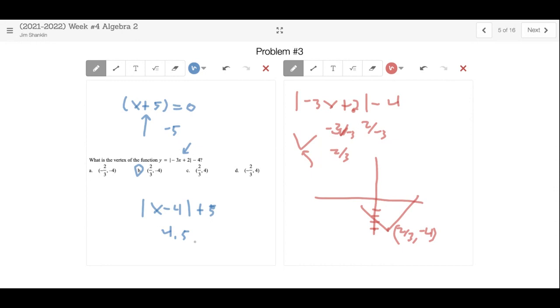So when we're talking about our vertex, it's whatever makes this equal to 0. Well, if I had -3x plus 2, what makes that equal to 0? I'd subtract 2 off there, divide through by -3, it would be 2/3. So that's where the 2/3 came from.